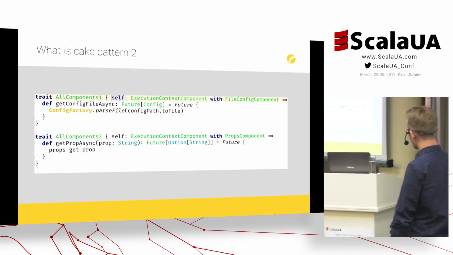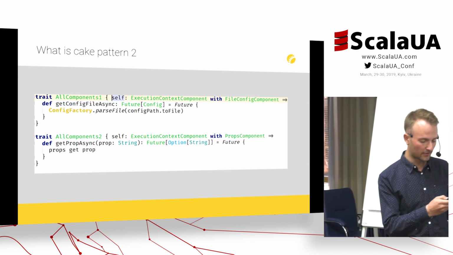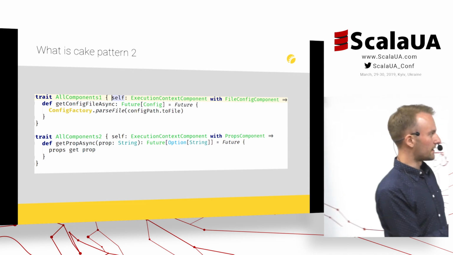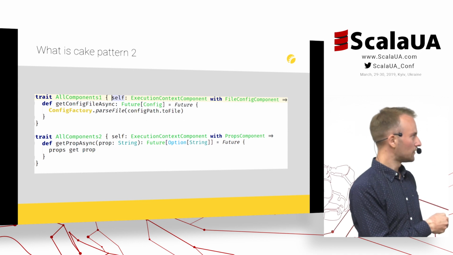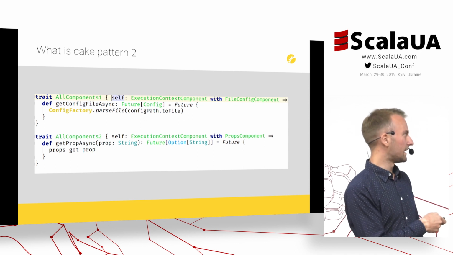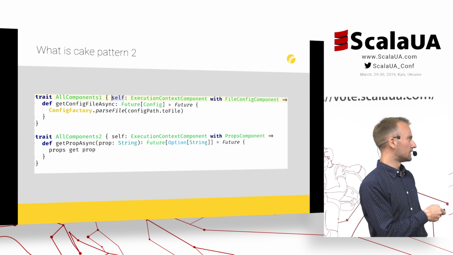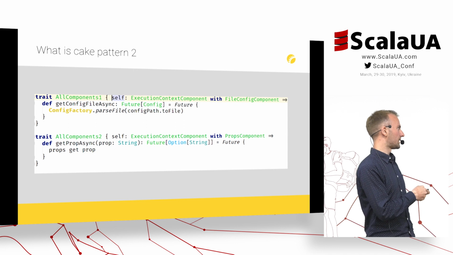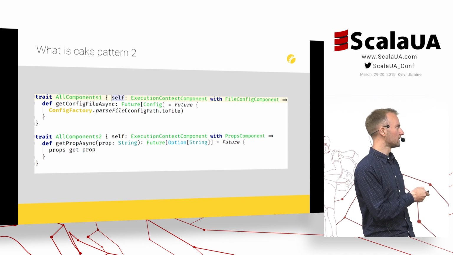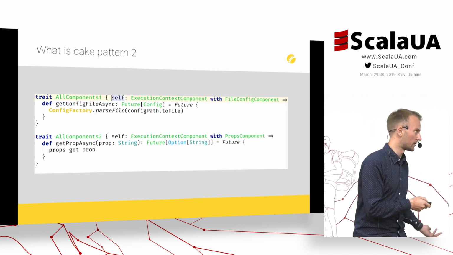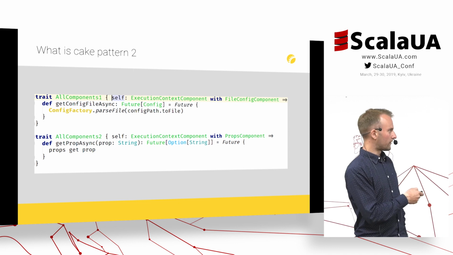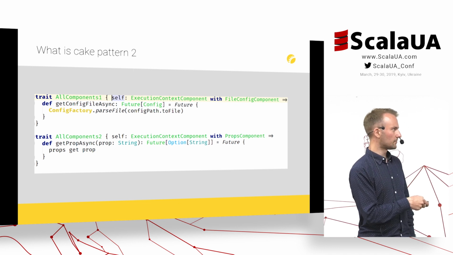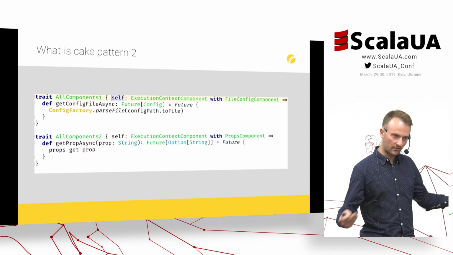Then, using the Scala self-typing mechanism, we can define other traits depending on some components, and then define some implemented functionality. For instance, we can asynchronously get configuration using the implicit execution context from the execution context component and the file configuration path. We define a lot of such components, stack them, and at the end of the program, we just instantiate them.